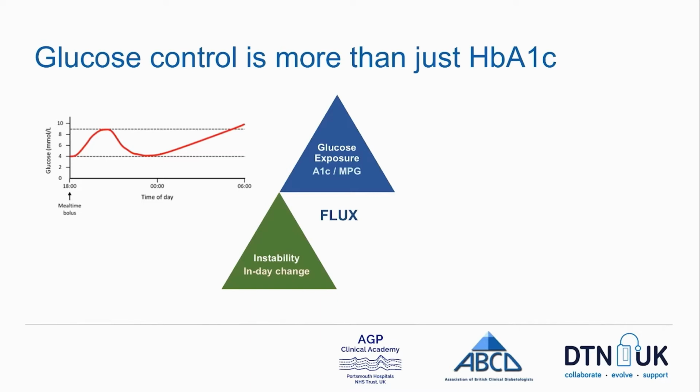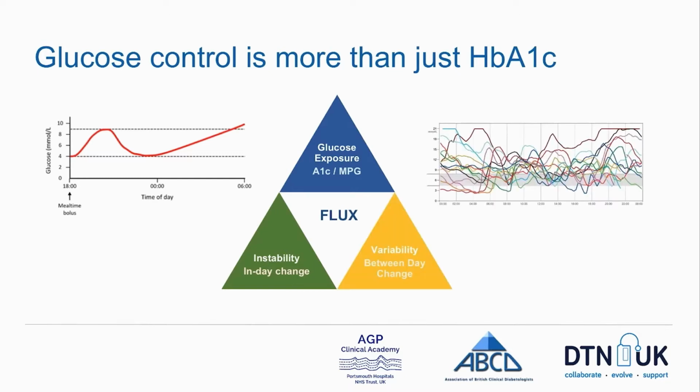And in the graph on the left-hand side of the panel here, we can see that this individual has a very significantly rising glucose level after his evening meal, which then creeps up over the course of the night. By contrast, the other form of glucose flux that we see is the flux that happens between days.